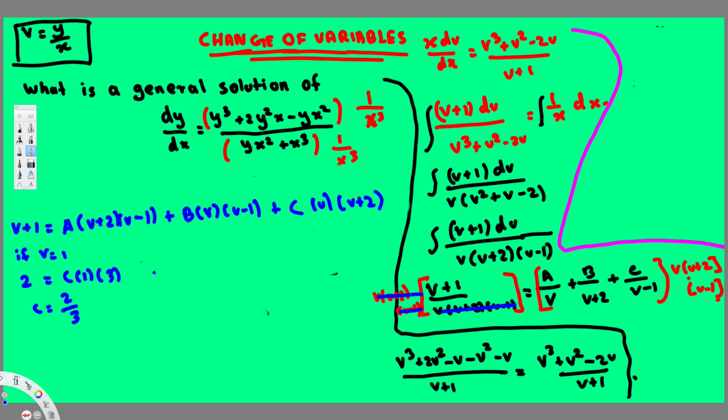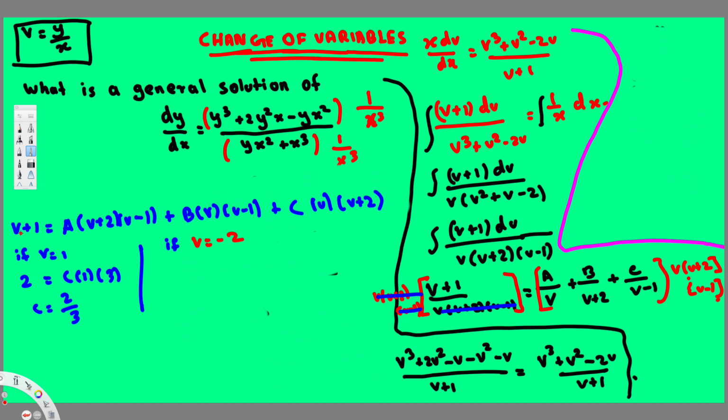Now we have to look at a value in such a way that it makes the other two 0. Negative 2 will make a and c 0, because we have v plus 2. So let's pick v is equal to negative 2, and these two are going to be 0, right? A and c.